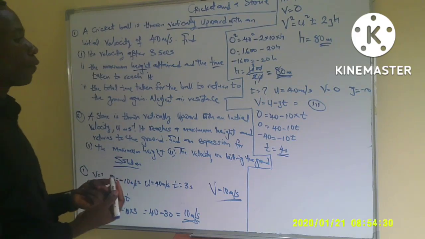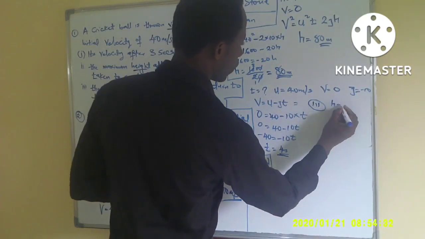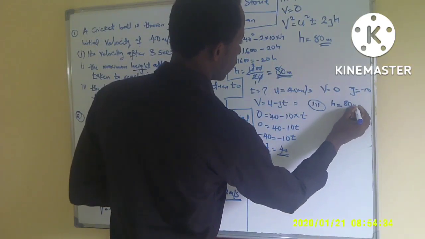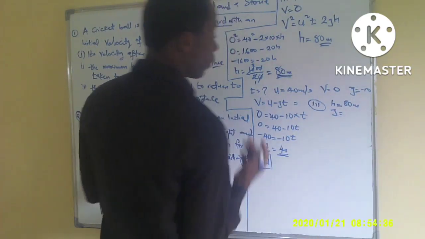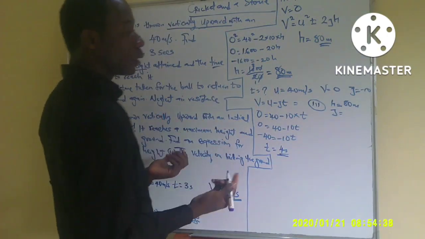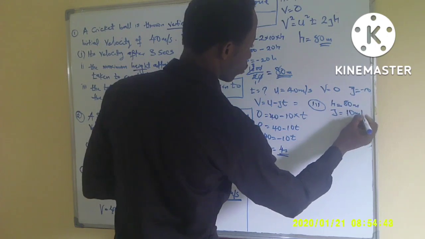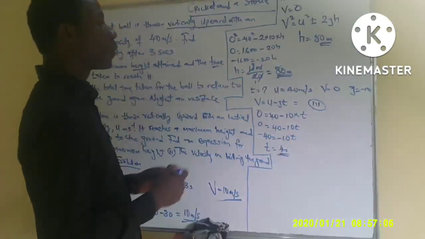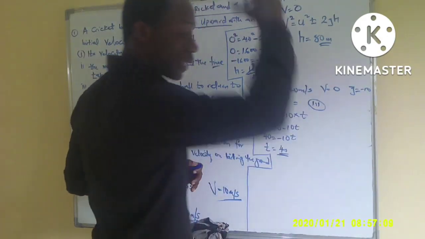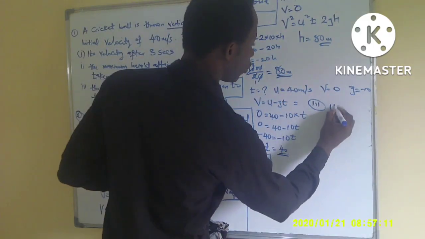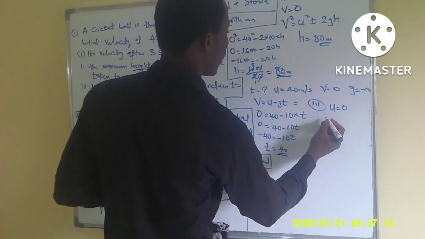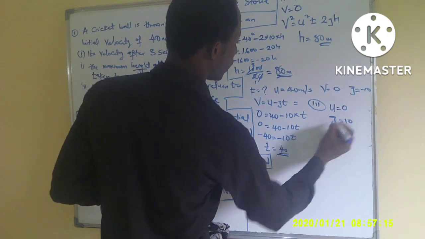So a lot of things are involved here now. The height is involved, h, which is what? 80 meters. G, to return to the ground, let's use 10 meters per second squared. Then from the highest point, when it's now coming down, u is equal to 0, then g is equal to 10.